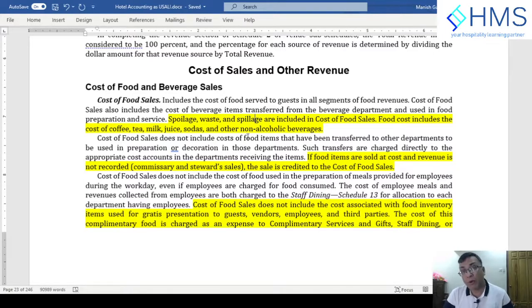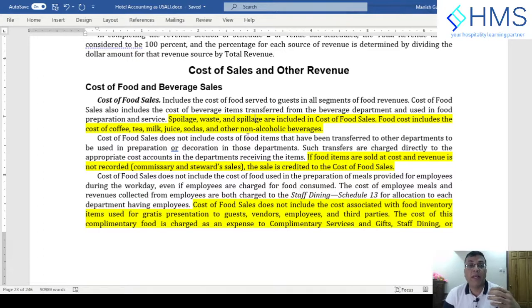So if the hotel has been providing free food to such categories, the cost of it will be charged to the relevant department, complimentary services and gifts, instead of charging to the food and beverage department. So there will always be a cost taken out.